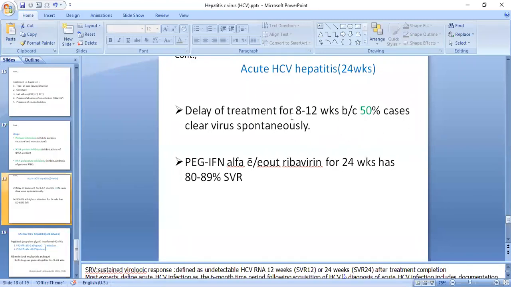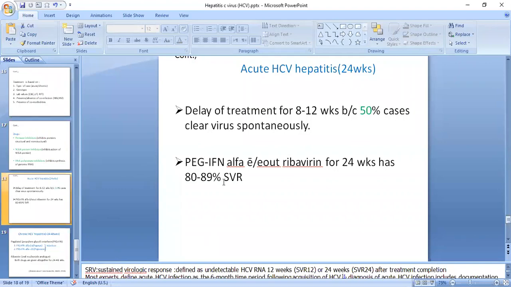The treatment is the pegylated interferon. It is given with or without ribavirin, the antiviral drug, for 24 weeks, and this has a sustained virological response of 80 to 90%.